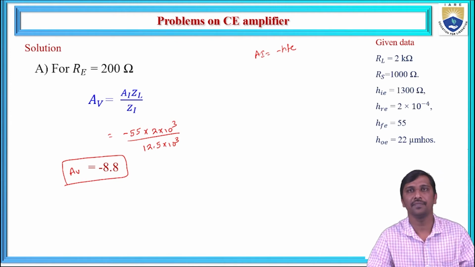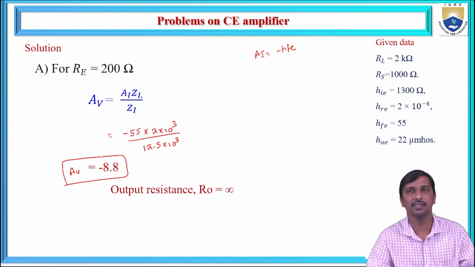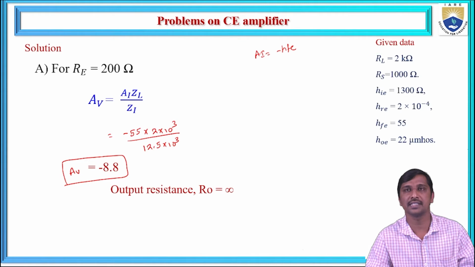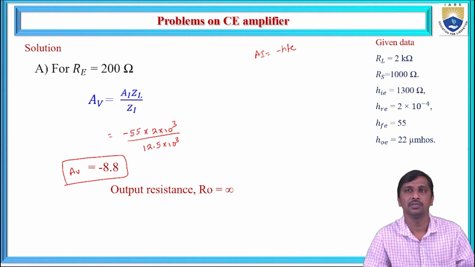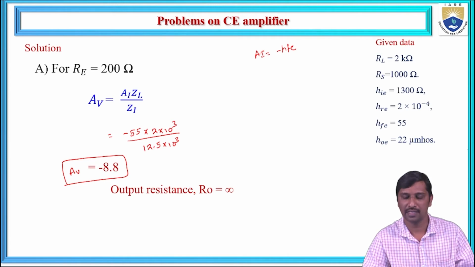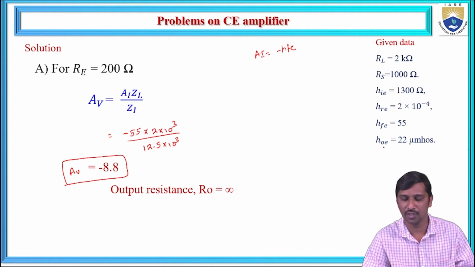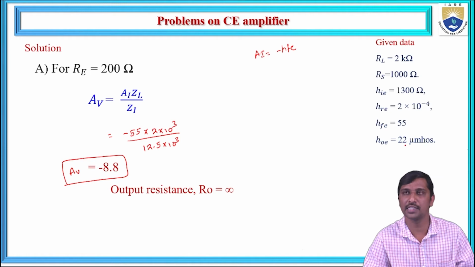Now similarly, for this given emitter resistance, we need to calculate the output resistance and the total output resistance. Generally, we consider that output admittance should be very, very small. Based on the h parameter analysis, we know that output admittance is very small. hoe is represented as 22 into 10 power minus 6.